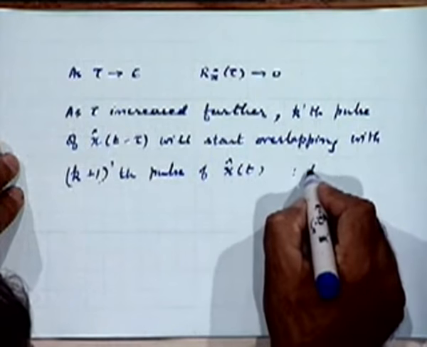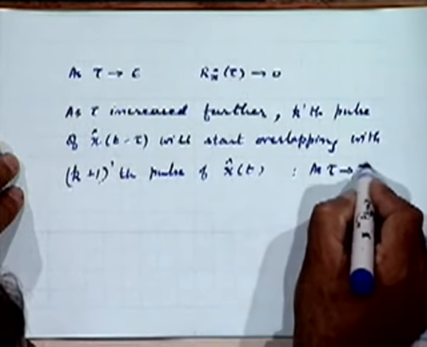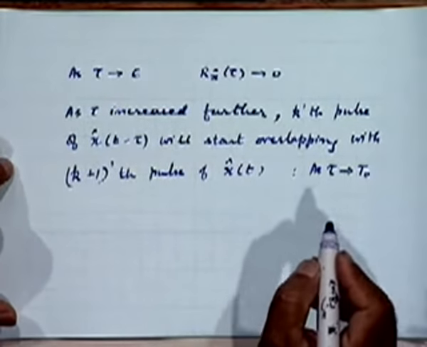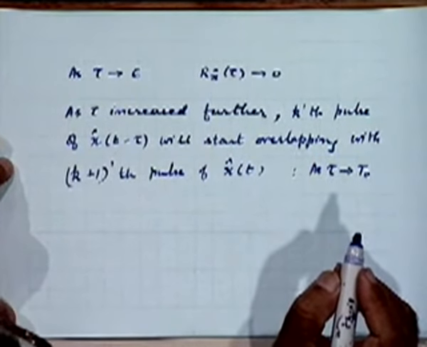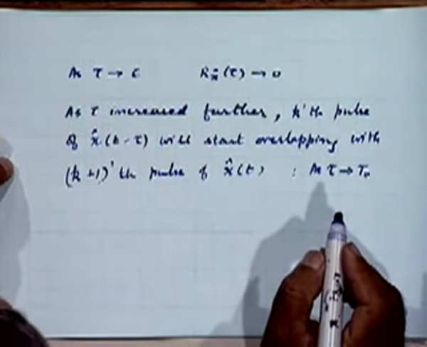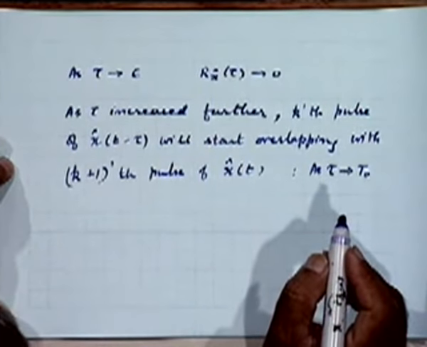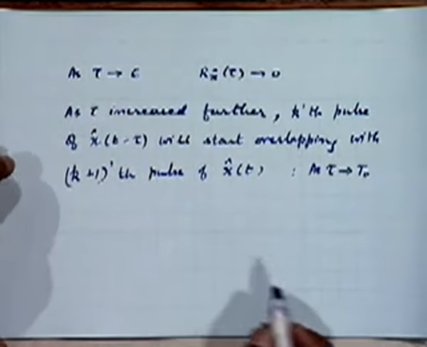Particularly as tau approaches t0, more specifically at the point when tau becomes equal to t0 minus epsilon. So what will happen then?